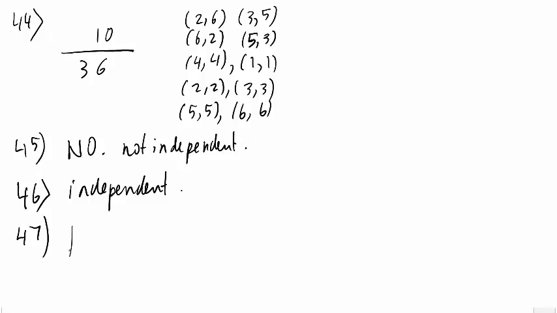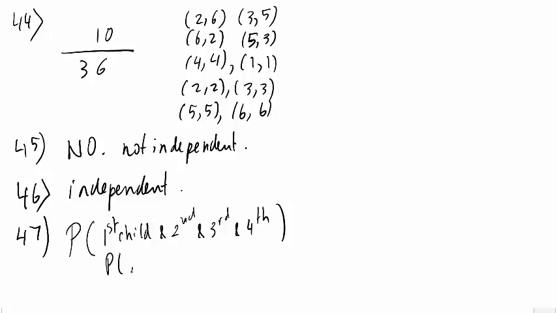So we want the probability that all 4 get the disease. So the first child gets it, and the second child, and the third, and the fourth. Since the events are independent, if 2 events are independent, the probability of A and B equals the probability of A times the probability of B. In our case we have 4 events here, so we're going to multiply 4 probabilities.